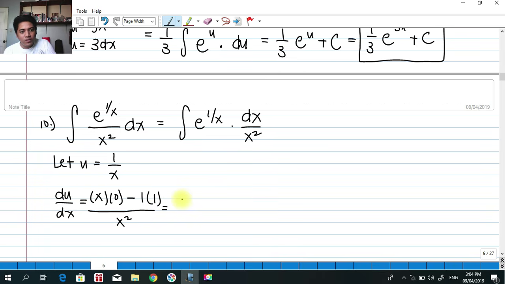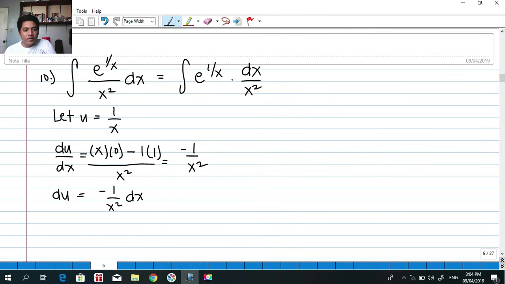So we get negative 1 over x squared, and if we cross multiply dx to the other side, we have du equal to negative 1 over x squared times dx, or simply negative dx over x squared.